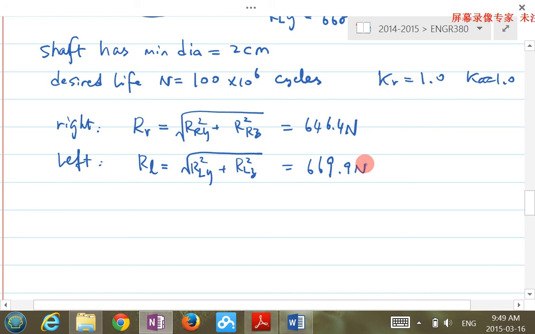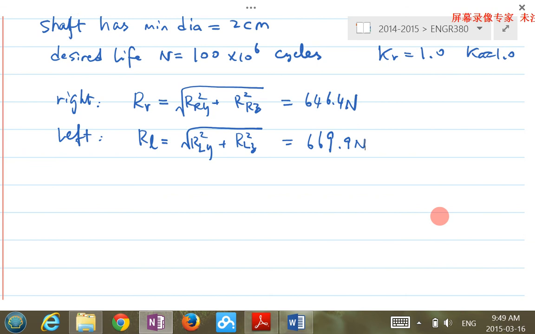So the left side is slightly bigger than the right side. If we decide to pick the same bearing on both sides of this shaft, we pick the higher load value for our selection.